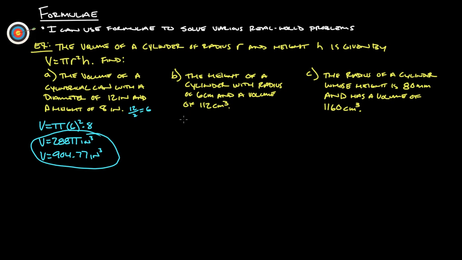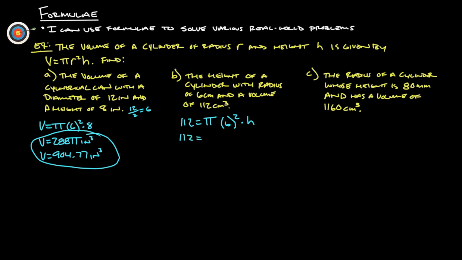So now we know the volume is 112. And we know that pi is still pi, right? And now we know the radius is 6. And now we have to figure out what the height is, times h. So now we're just going to solve for h.